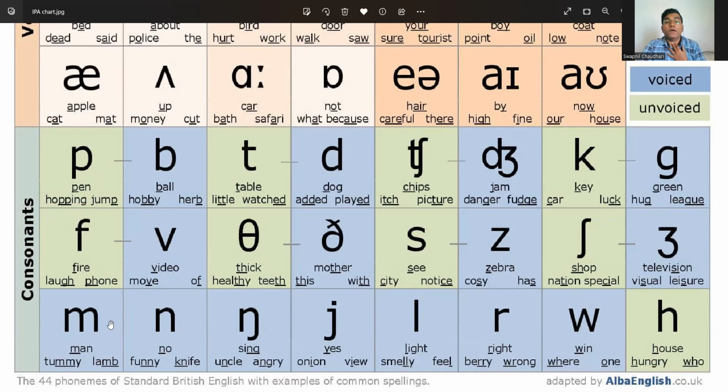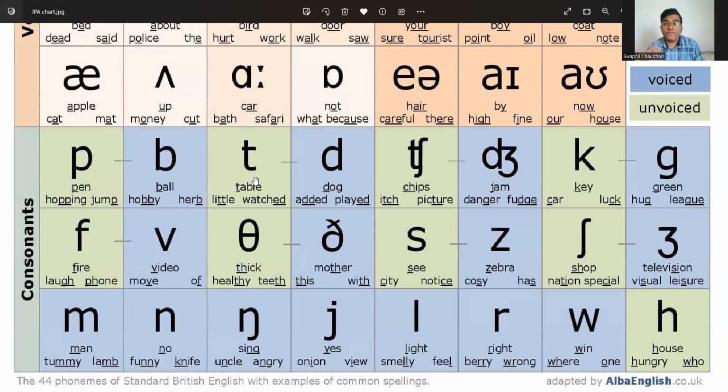The green ones are unvoiced, which means you do not need to use your vocal cords or throat organs to produce these sounds. These sounds come directly: pa, ta, cha, sa, ka.